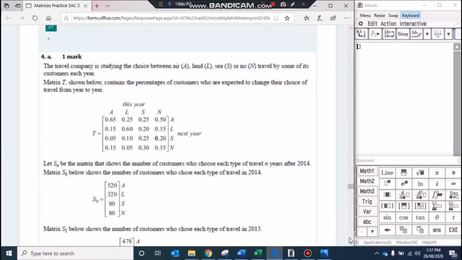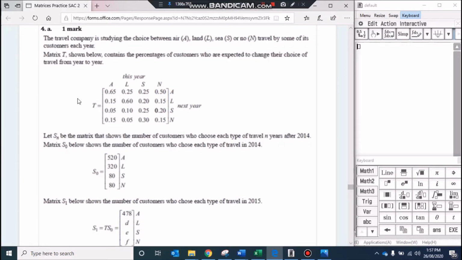Question 4. We've got this travel company, which is studying the choice between air, land, sea, or no travel by some of its customers each year. This transition matrix shows the percentages of customers who are expected to change their choice of travel from year to year. Sn will be the matrix that shows the number of customers who choose each type of travel n years after 2014.